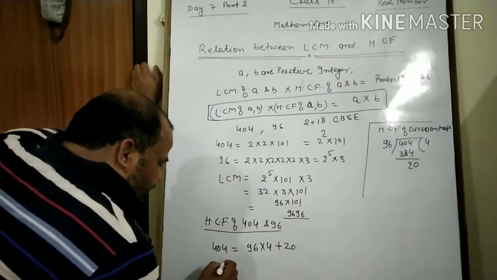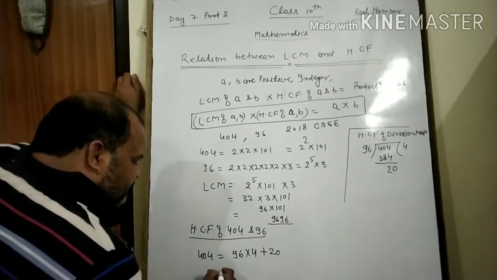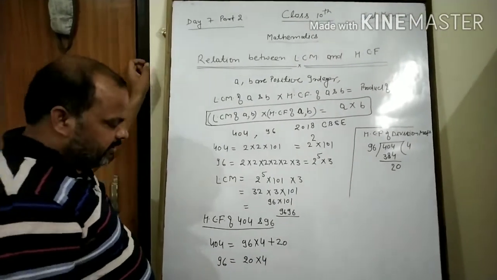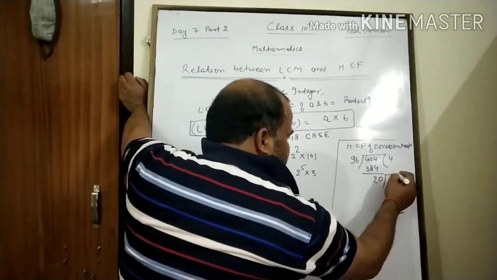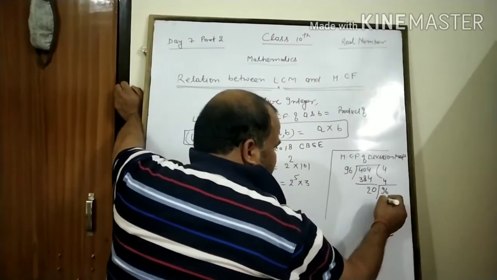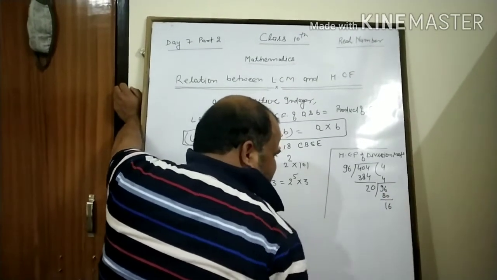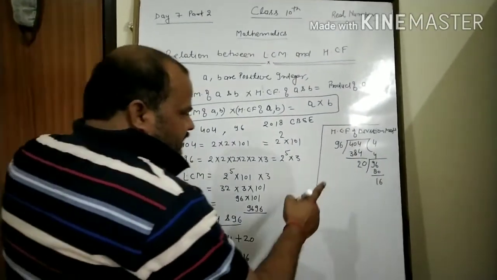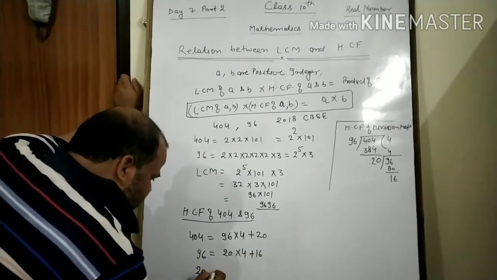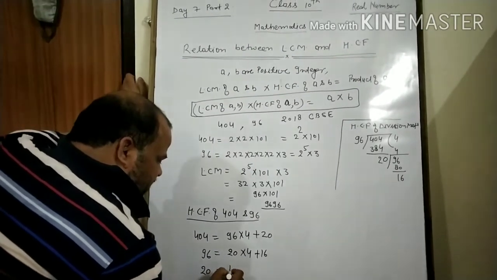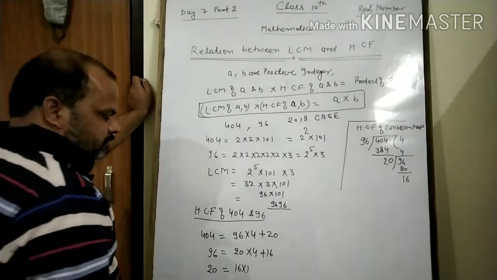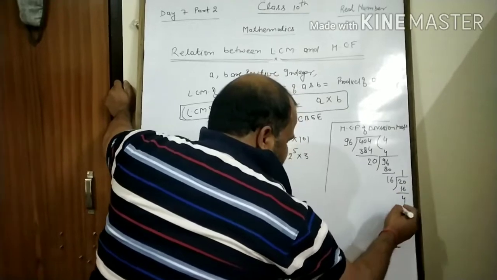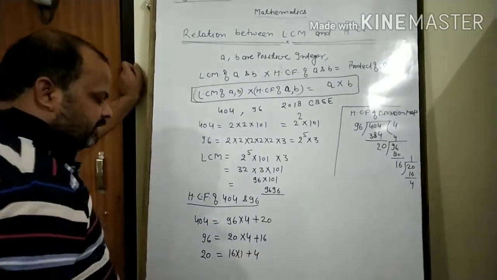Then after, here you can put 96 as the dividend and 20 as the divisor. 20 into 4 is 80, and here 16 is the remainder. Then the new dividend is 20 and the divisor is 16. 16 into 1, plus 4 as the remainder.